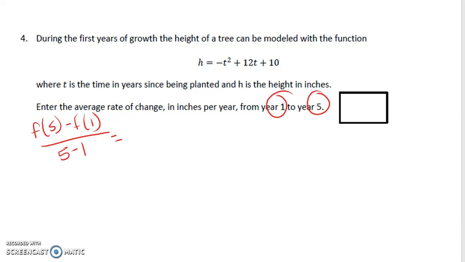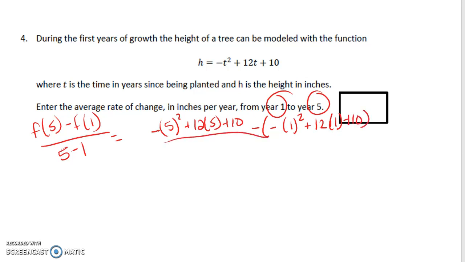All right, so if I plug in 5, we've got 5 squared plus 12 times 5 plus 10 minus, and this is the most important thing, that you use parentheses when you plug this in. If you did not use parentheses, you may in fact have gotten it incorrect. 5 minus 1 is 4.